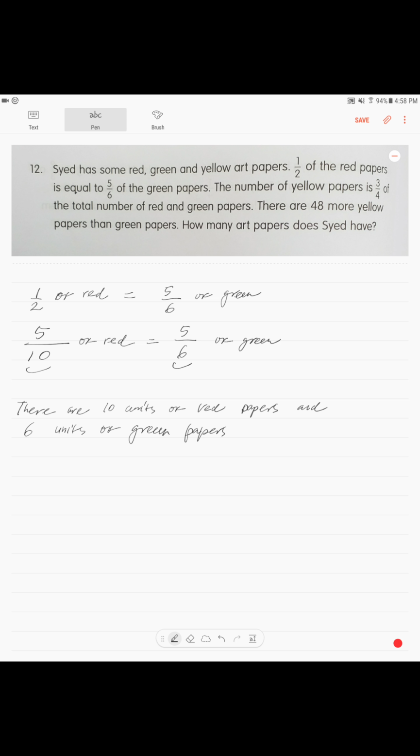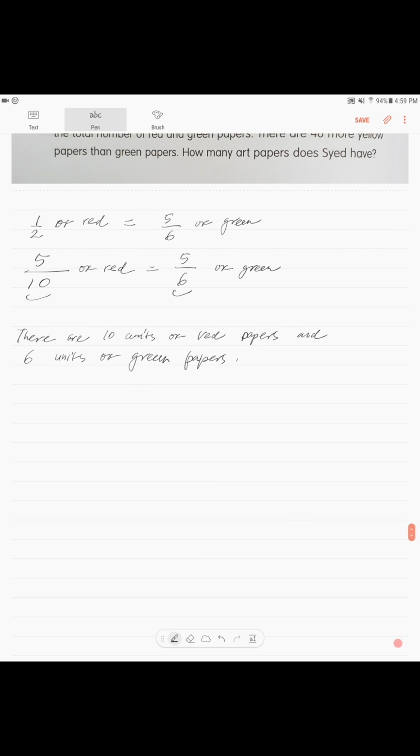This is what we write. Okay, so if we calculate red and green together, red plus green is 10 plus 6, so it is 16 units.